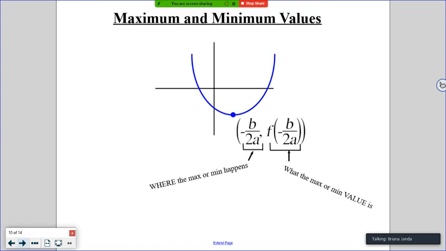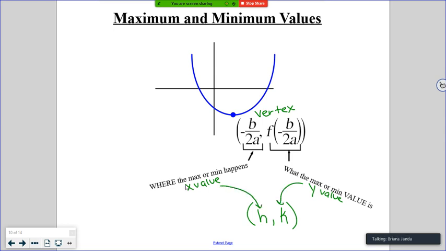So as we look closer at that, depending on what format our function is in, if we find our vertex, we have also found where the maximum happens, which is your x value. What the maximum is, is your y value in your vertex. And that can come from your negative b over 2a, or if it happened to have been in vertex form, that h comma k is the same numbers.